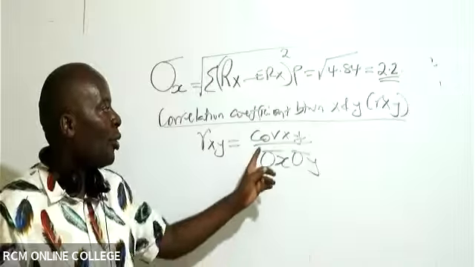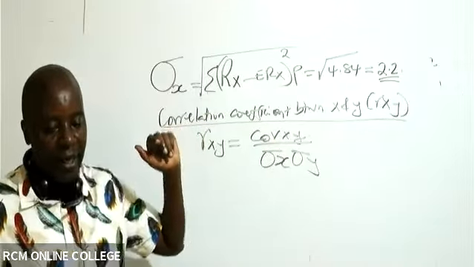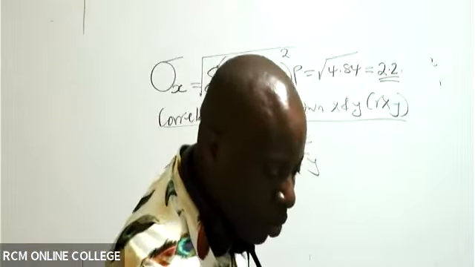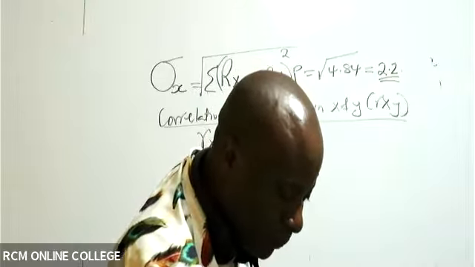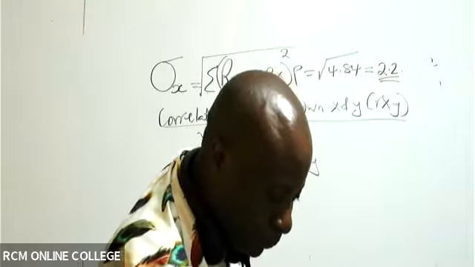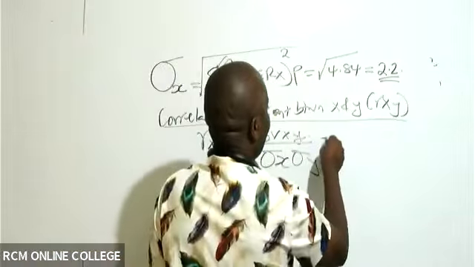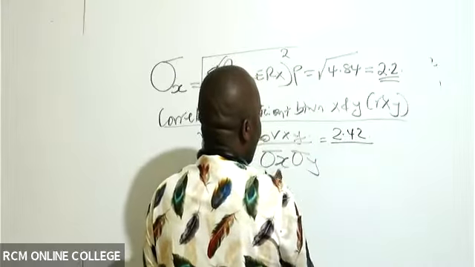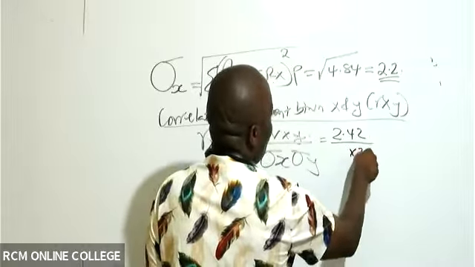So are you guys able to remind Mwalimu what we got for our covariance between X and Y? Yeah, 2.42. Divided by the standard deviation of X. I know standard deviation of Y is 2.2.